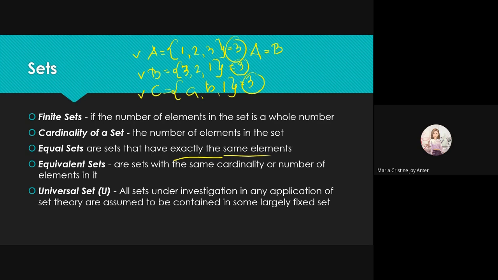And last but not the least, we have this idea of the universal set. The universal set is a set that contains all the elements of the other sets under investigation.